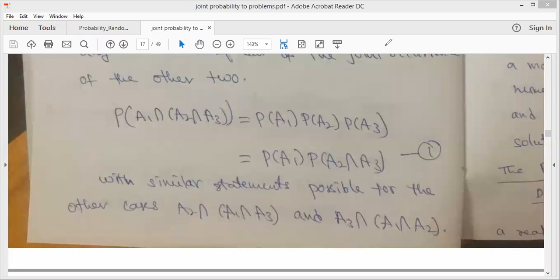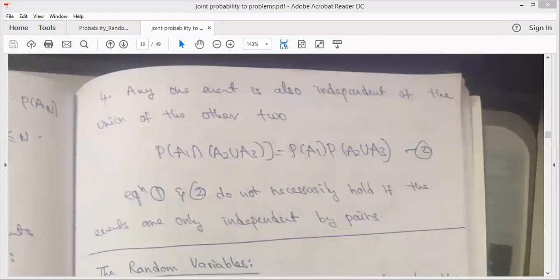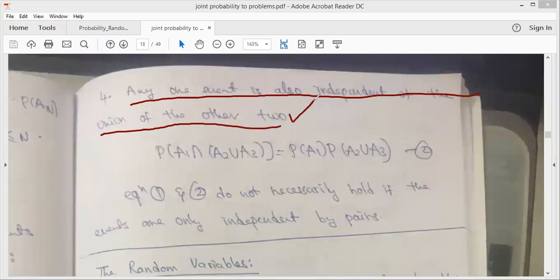The next property is that any one event you are taking is independent of the union of the other two. This we have already discussed in the first property. Say A1 is independent of A2 union A3.